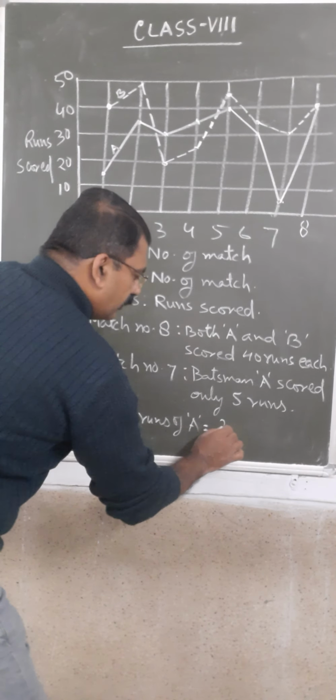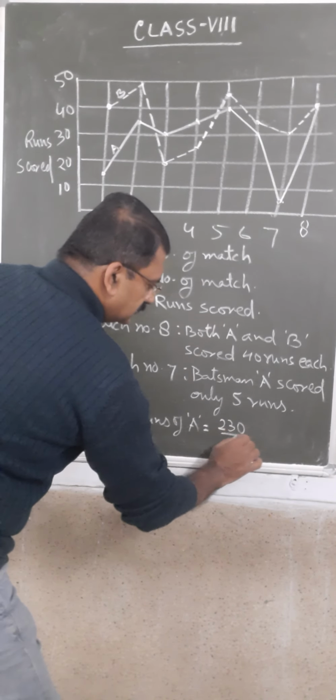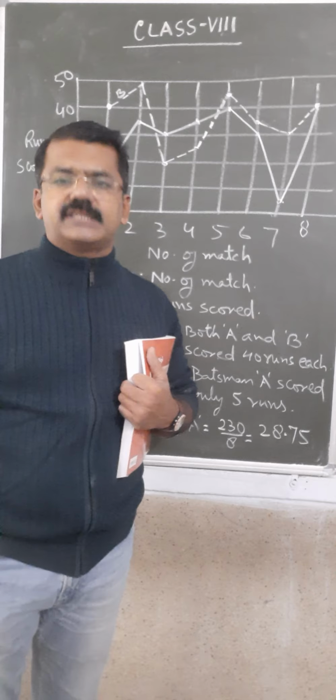So 230 upon 8. 230 upon 8 will be 28.75. So you can see the average runs of A is 28.75.